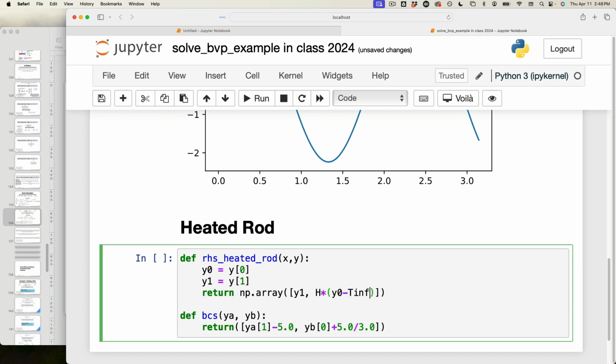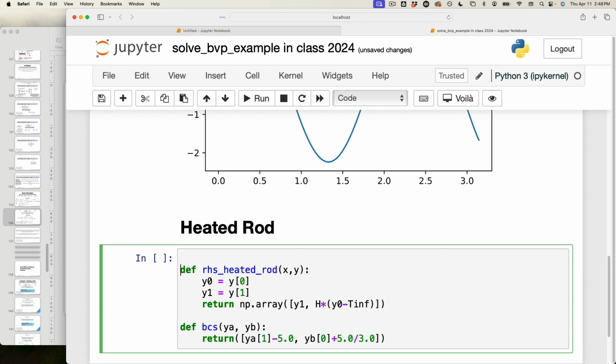So I'm going to need to declare some variables. You can't pass parameters with this equation. If you pass with solve BVP, it's a whole long story, but bottom line, you cannot pass parameters unless you're optimizing those parameters. So you have to declare them within the subroutine somewhere. Either hard code them or just make them locally global in the cell.